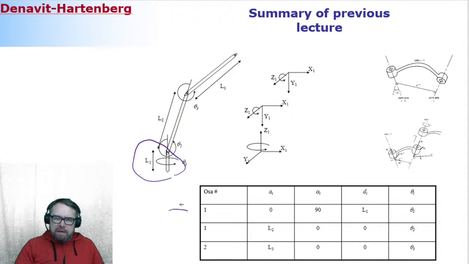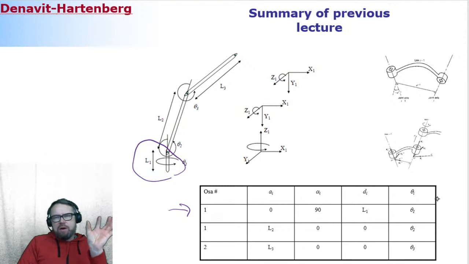For body number one, what you do is define these four parameters based on Denavit-Hartenberg. And then you need to make sure that you are setting the parameters in such a way that the second body will be easy to define. So that's how it goes. You have to do a coordinate rotation here. Otherwise, the next body will be very, very hard to describe.